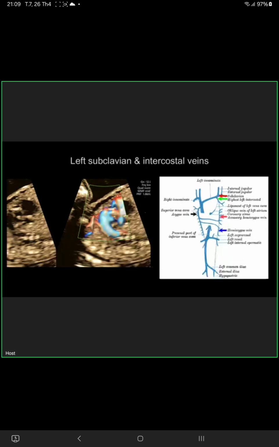The baby was born absolutely normal, but the emergency unit and the cardiologist did follow up, and the baby is now absolutely normal.